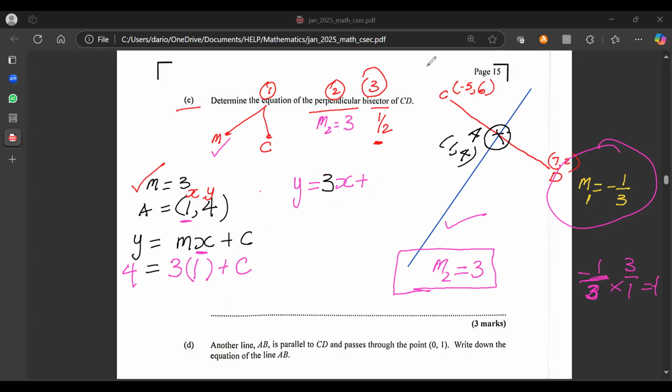You could send it to my WhatsApp, or you could send it in the chat. It doesn't matter. I'm looking on WhatsApp.